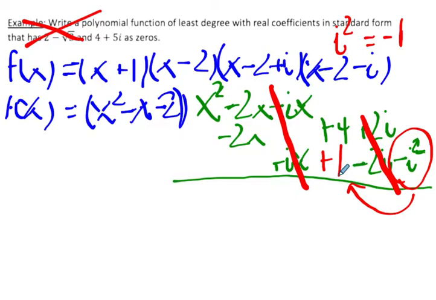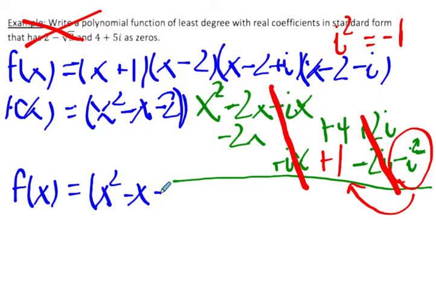So now I can sort of start to put this together a little bit more. So I have f of x equals, so I still have that first polynomial. So x squared minus x minus 2.